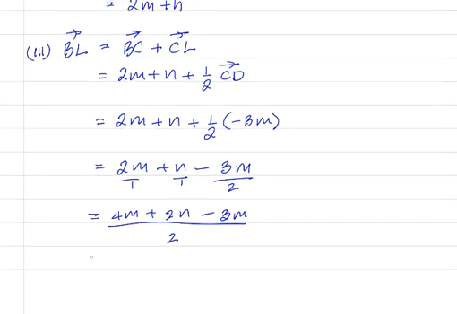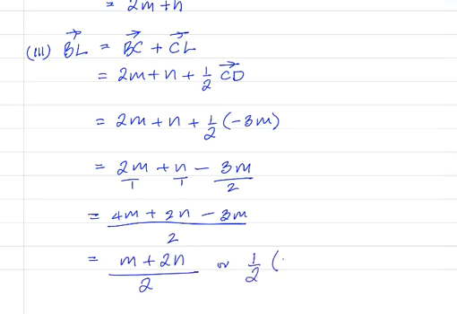So the value here is 4M minus 3M, which is M, plus 2N, all over 2. Or I could write this as 1 half of M plus 2N. Dividing by 2 is the same as multiplying by a half. So BL is 1 half of M plus 2N.